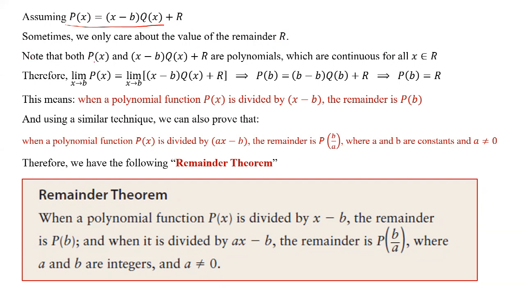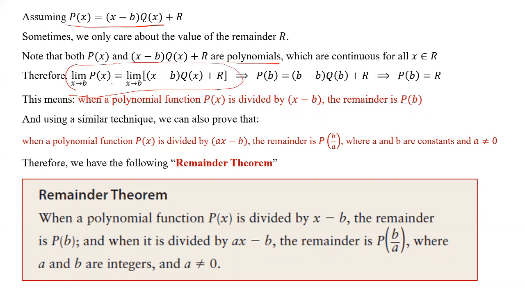So note that both p(x) and (x minus b) times q(x) plus r are polynomials, which are continuous for all x belongs to R. So therefore, we can prove that when a polynomial function p(x) is divided by x minus b, the remainder is p(b) by getting the limits to both sides of the relationship here.